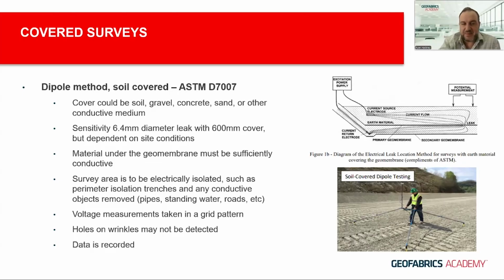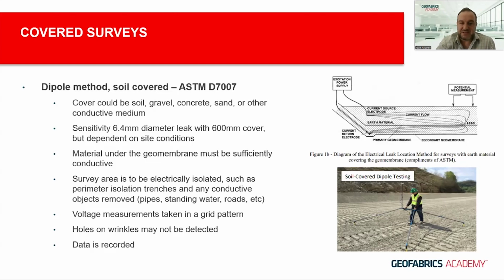Just as an example, a 6.4 millimeter diameter leak could be detected if there's 600 millimeters of cover. But again, that's very dependent on site conditions, moisture, conductivity, depth of cover, and how well it's isolated. That all influences the sensitivity of the actual survey.